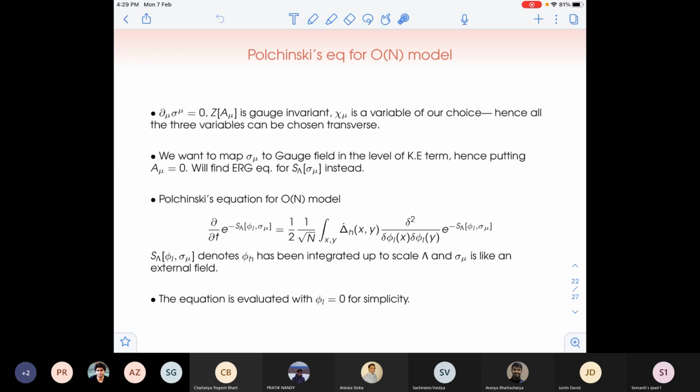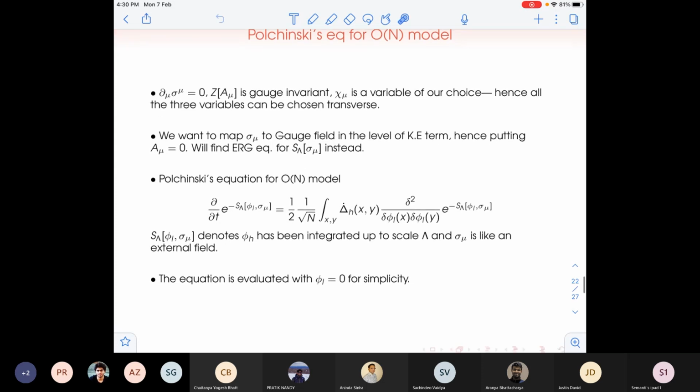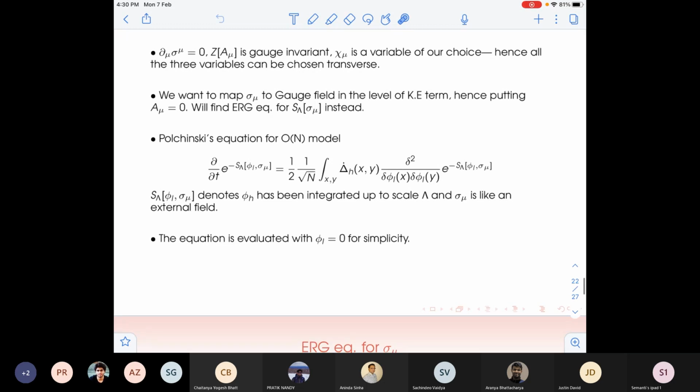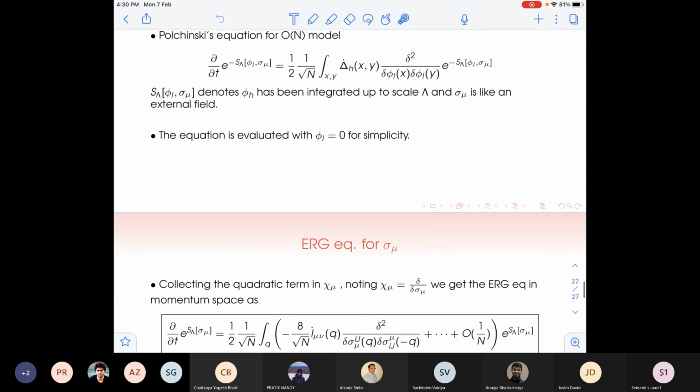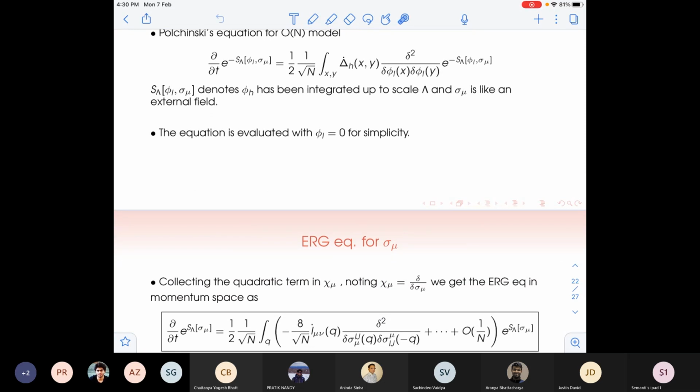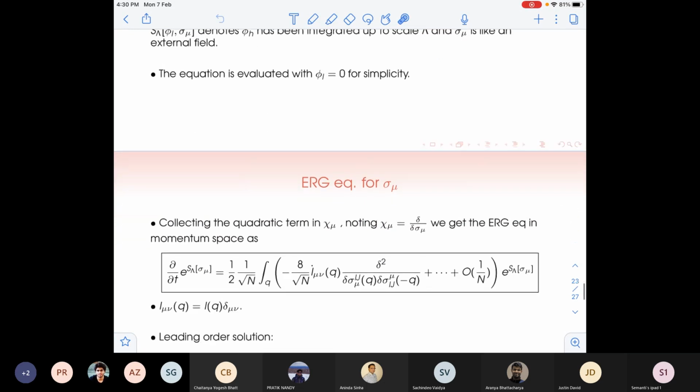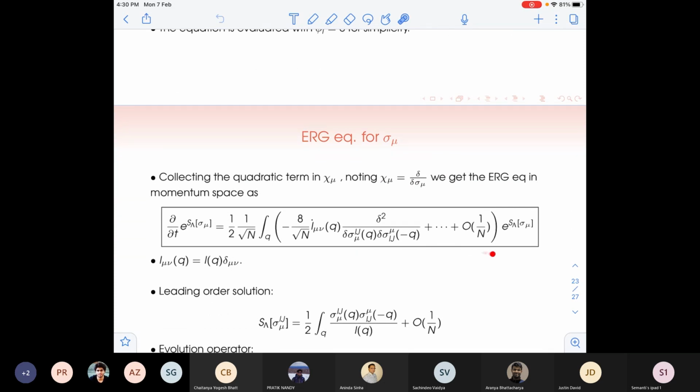After evaluating everything, we can put phi L equal to 0, because we want the kinetic term in sigma mu or A mu, not their interaction with phi L. If we do that, we get an ERG equation of this form, where the leading order is given by this term.